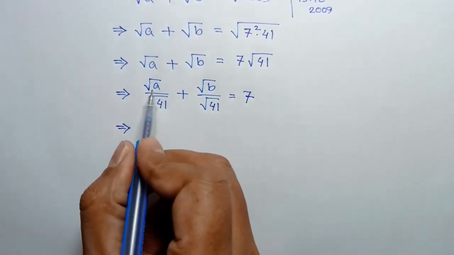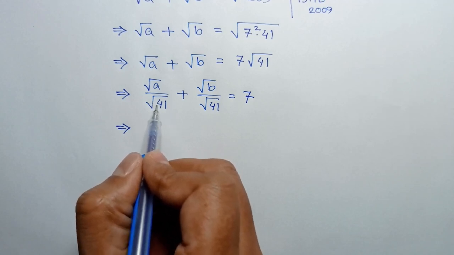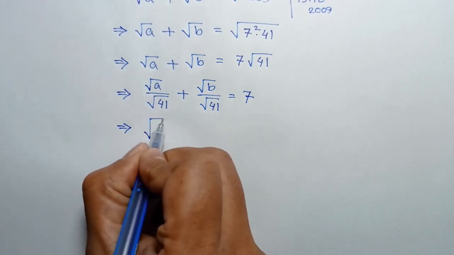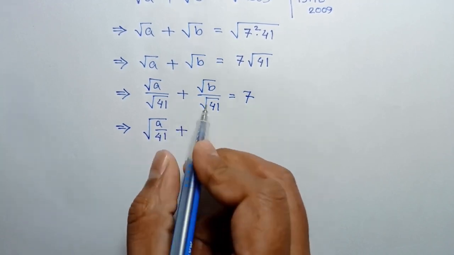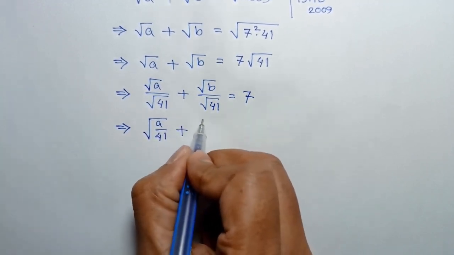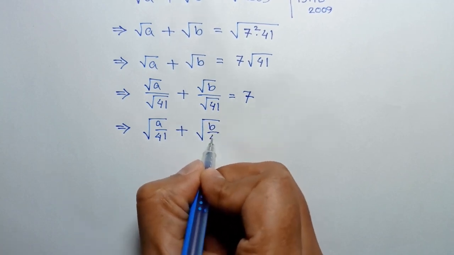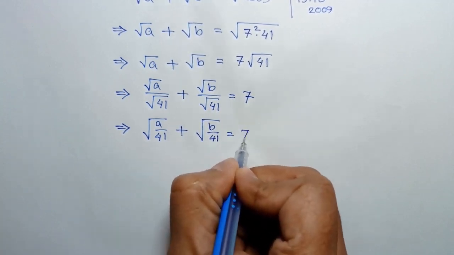Or square root of a over square root of 41 can be written as square root of a over 41, plus, similarly, this can be written as square root of b over 41 is equal to 7.